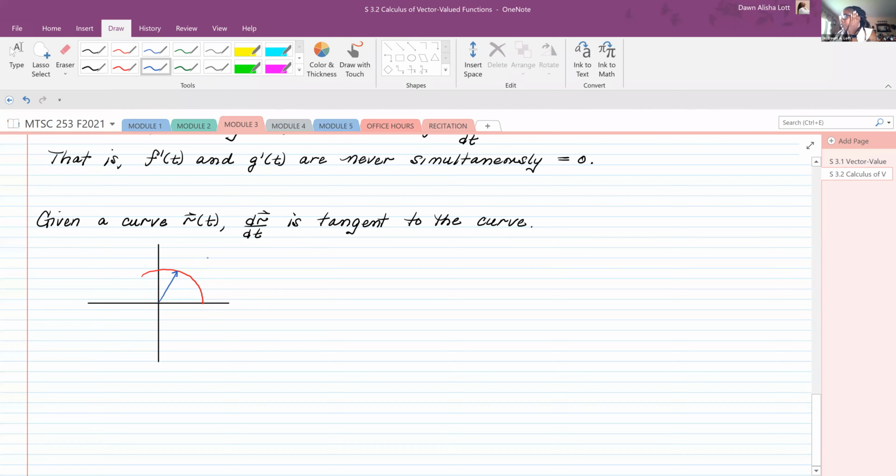So this is my vector r, and then this. So here, the red curve is r of t. And then that is r prime of t. Okay.